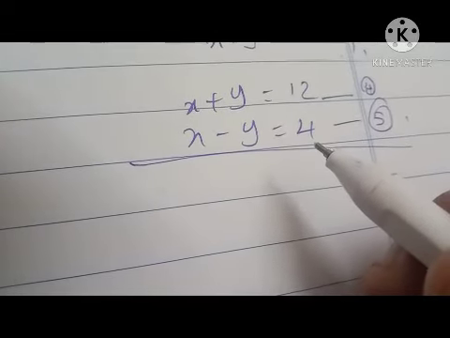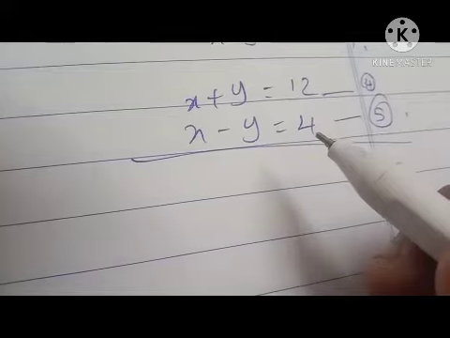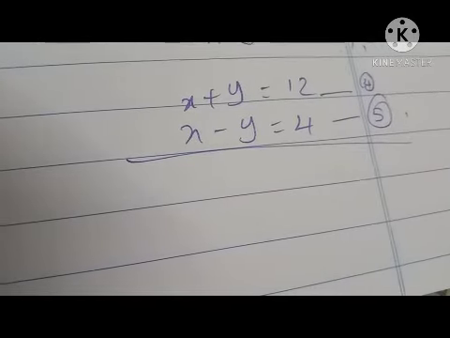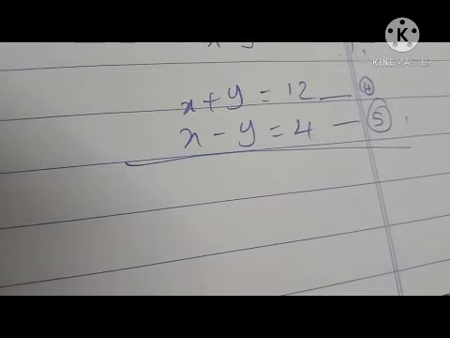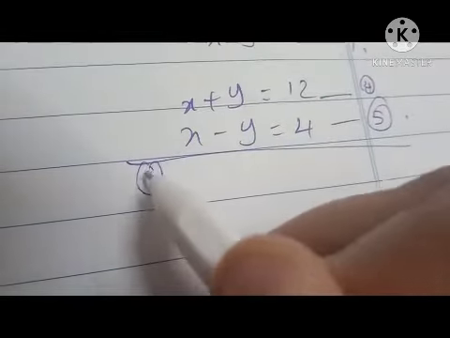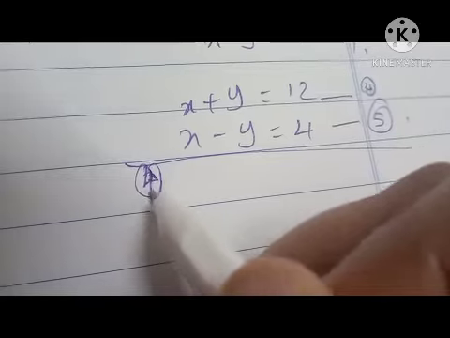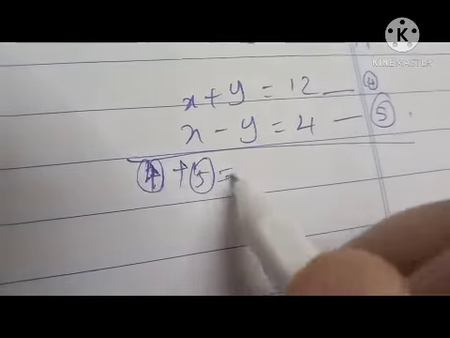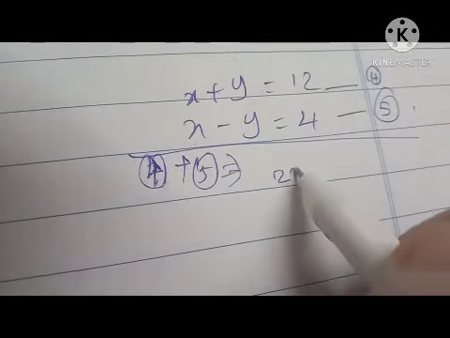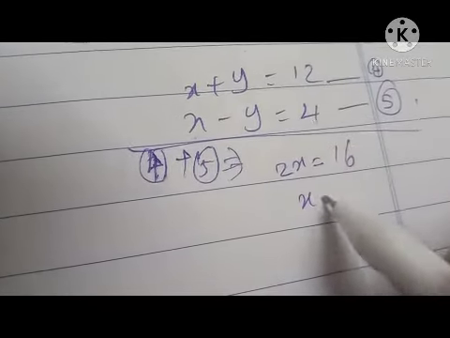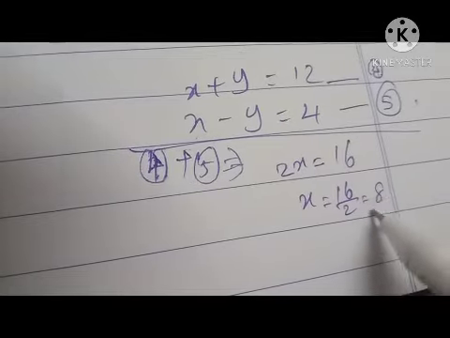Our aim is we have to find the value of x and y, means we have to find the speed of the boat in still water and speed of the stream. Okay. So here when we add these two equations, equation 4 and equation 5, then this value of y will be cancelled. Then we will get 2x equal 16 and x equal 16 by 2 equal 8.